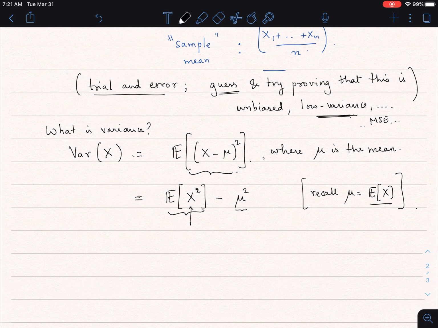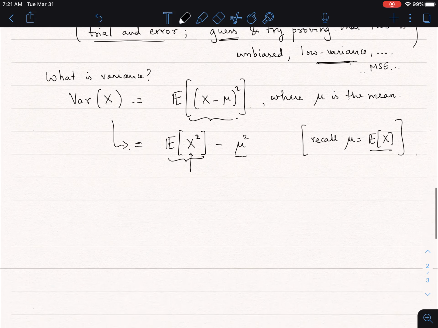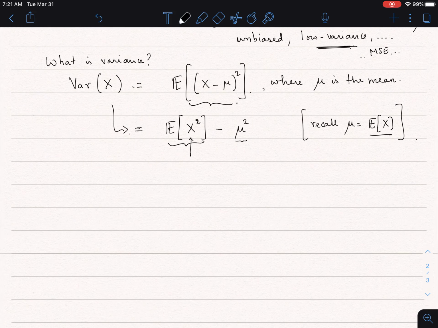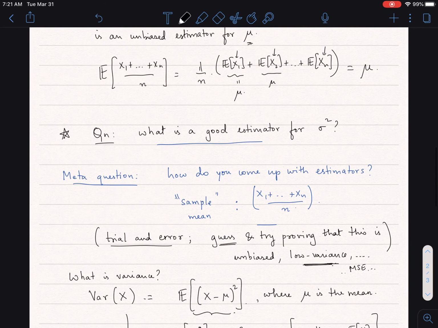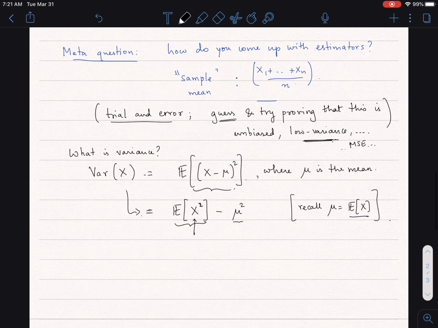So this is the definition of the variance. Now suppose I tell you that x is drawn from the Gaussian with parameters mu and sigma squared. Then I know that for a Gaussian, this number evaluates to sigma squared.